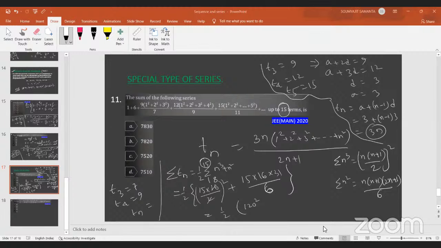If you simplify 6, 3, 8, 3 into 5, that is nothing but 5 into 8 into 31.